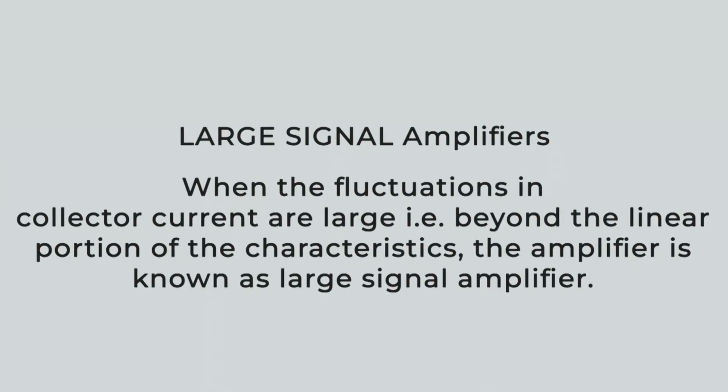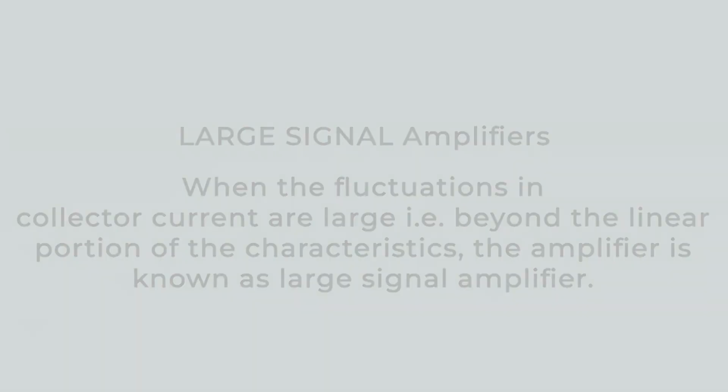Now, the second one is the large signal amplifier. When the fluctuations in the collector current are large, that is beyond the linear portion of the characteristics, the amplifier is known as a large signal amplifier.